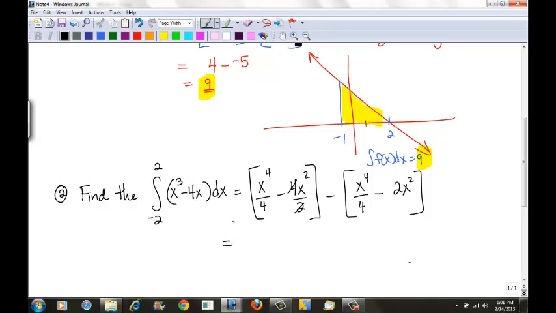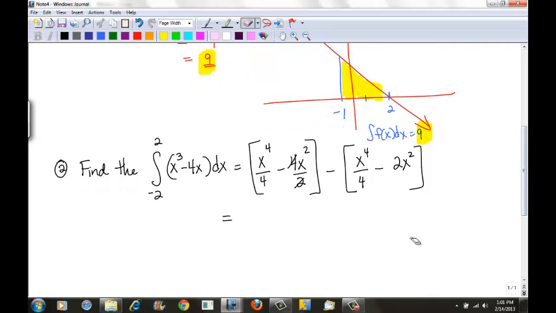You sub in the top number first, and it is a lot of pre-algebra arithmetic working with the fractions. It makes you go back. So this is 2 to the 4th over 4 minus, and if we sub in 2 squared, right?